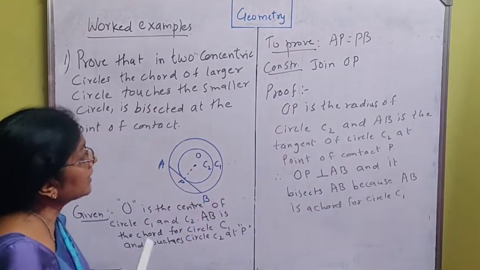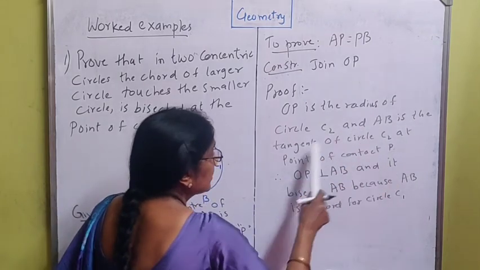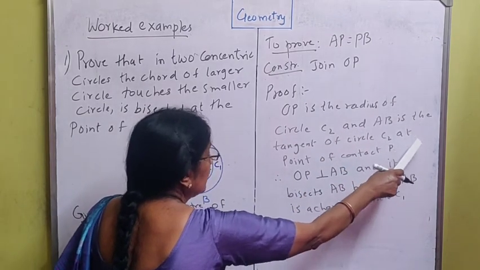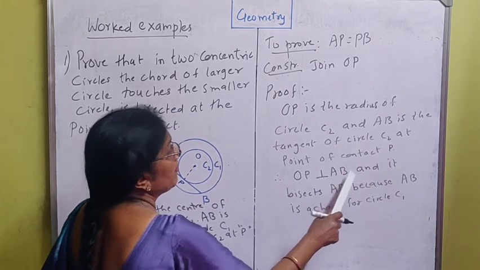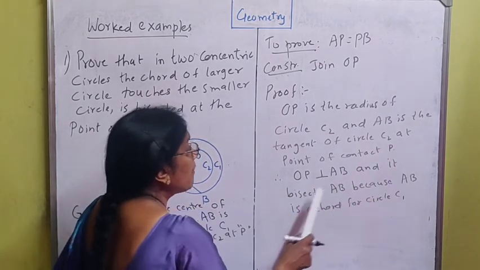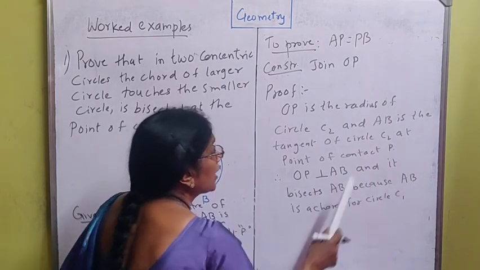So now what happened? Let us see. OP is the radius of circle C2 and AB is the tangent of circle C2 at point of contact P. Therefore, OP became perpendicular to AB and it bisects AB because AB is a chord for circle C1.